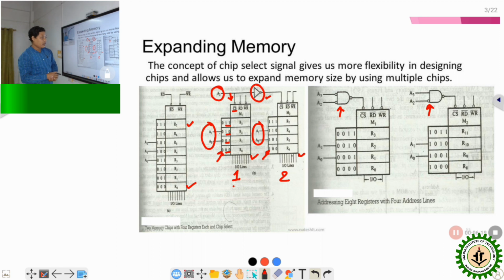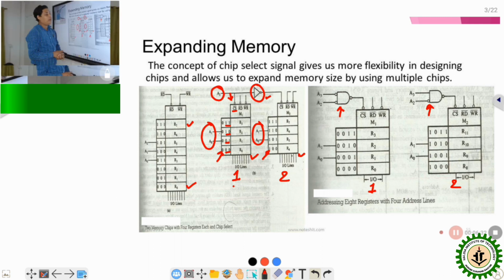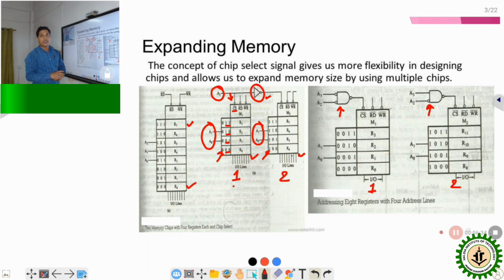Here each memory has 4 registers, and for 4 registers 2 lines are sufficient.